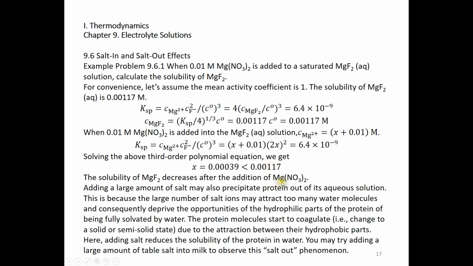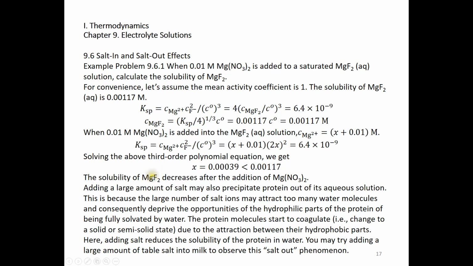Again, by adding magnesium nitrate, we introduce additional magnesium cations into the solution. That reduces the solubility of magnesium fluoride. We can use the calculation to see this statement is true, and also we can simply use Le Chatelier's principle.